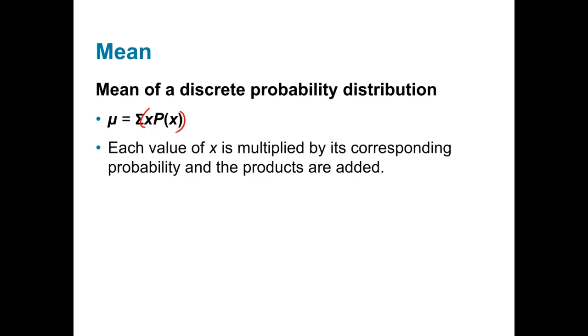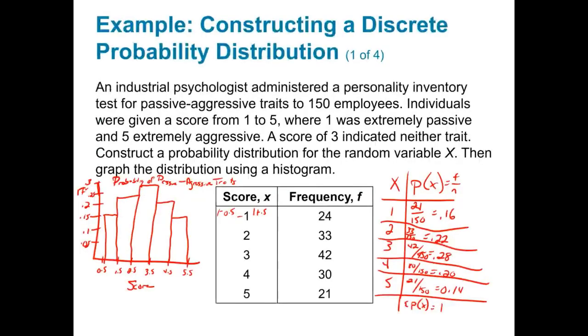So really what we're doing here, the formula is a little bit different, right? It's the same math we did in chapter 3. It just looks a little bit different because we're writing it in a different form. So to show you that it's the same math, we're going to find the mean and standard deviation of this data set.